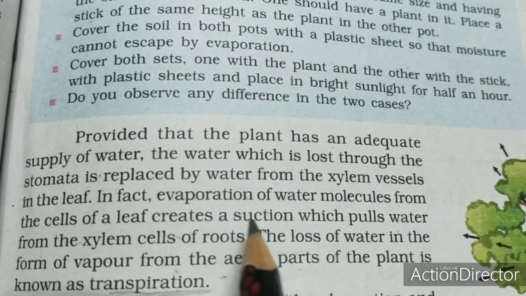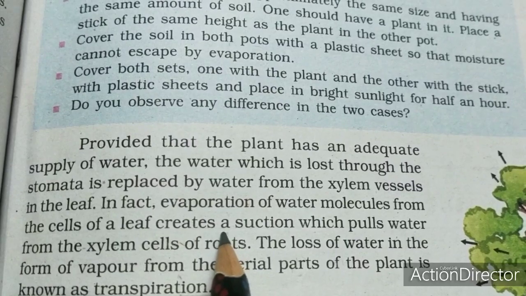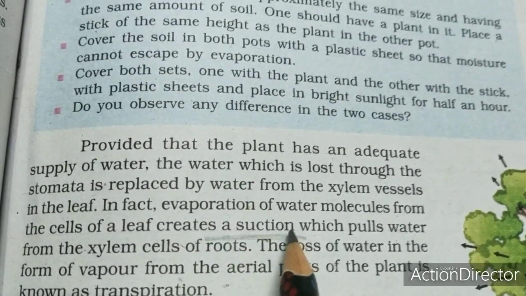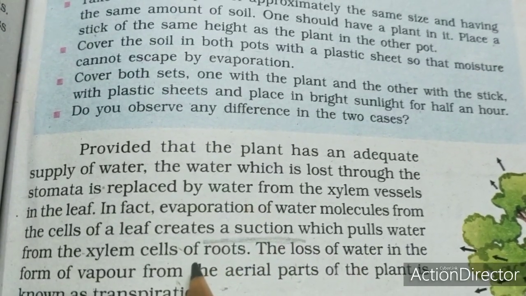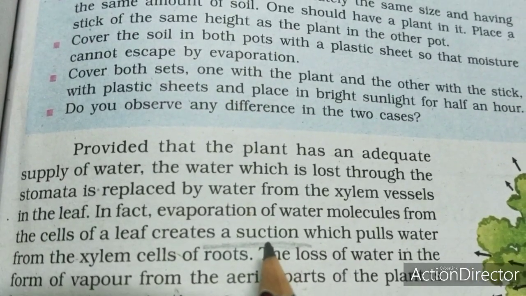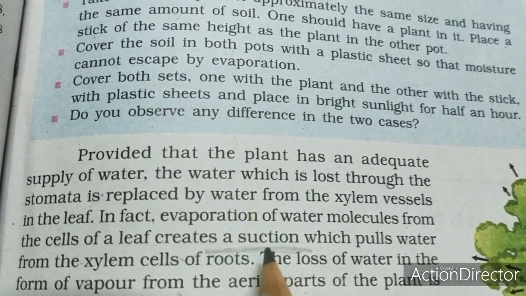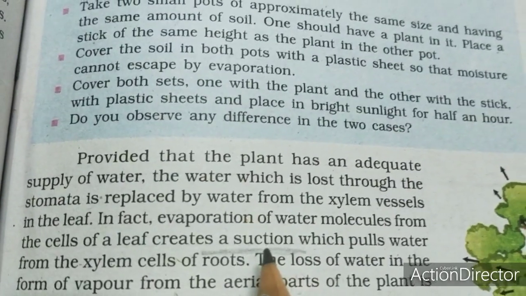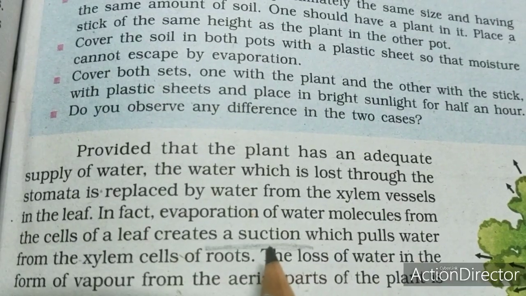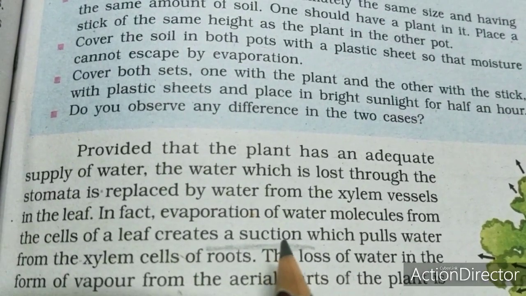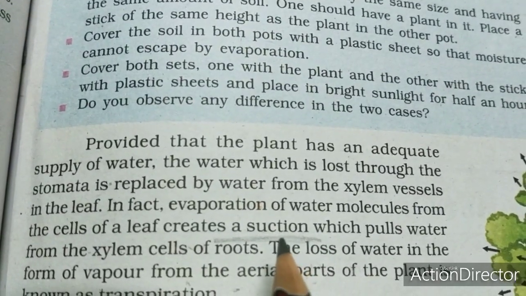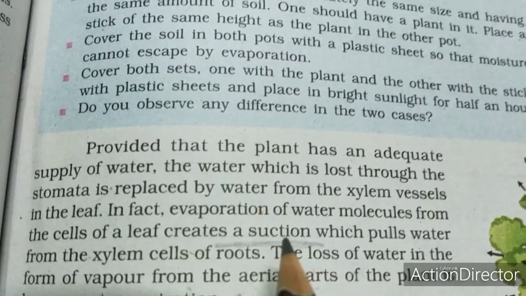The pressure is nothing but the suction pressure. That pressure is nothing but suction pressure. And this suction pressure will help in the upward movement of the water molecules. This is how the suction pressure created due to the transpiration will help in the movement of water from roots to the upper part of the plant body.